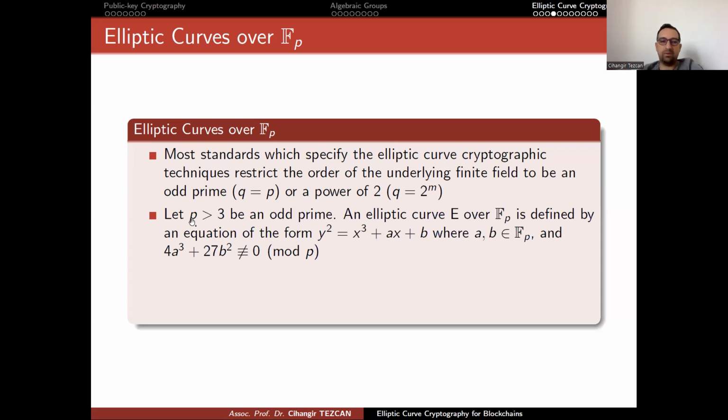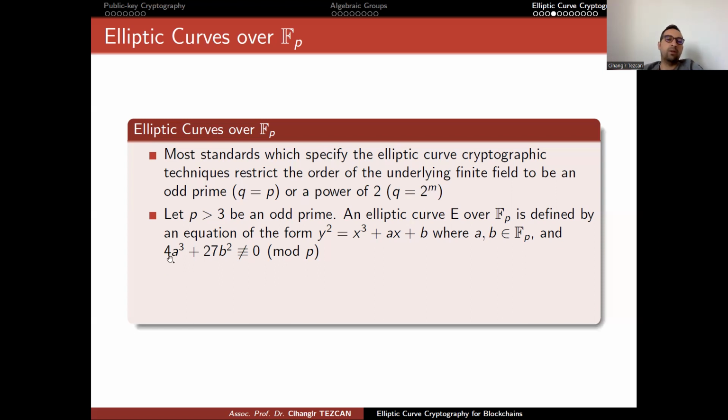Assume that p is an odd prime larger than 3. Then we define an elliptic curve E over Fp as the equation y squared equals x cubed plus ax plus b. Here, a and b are elements in the field, but also this inequality should hold.